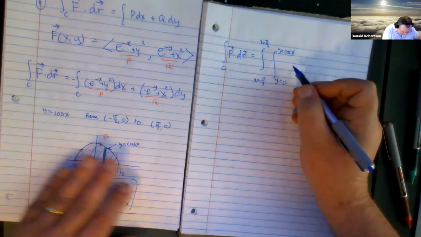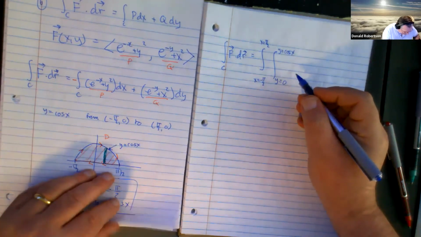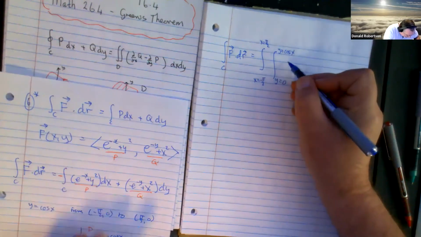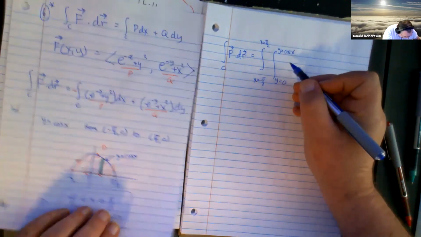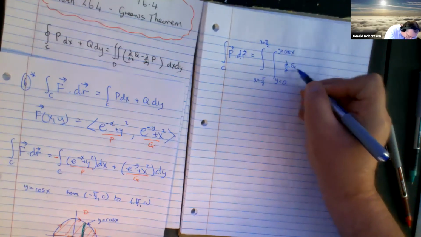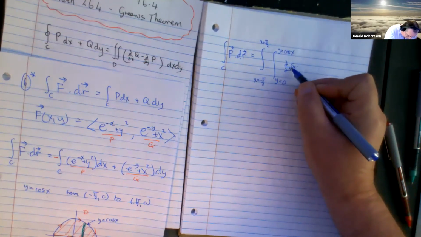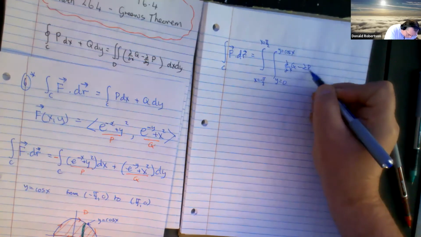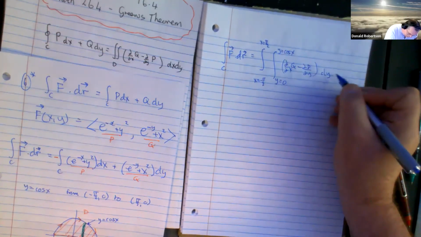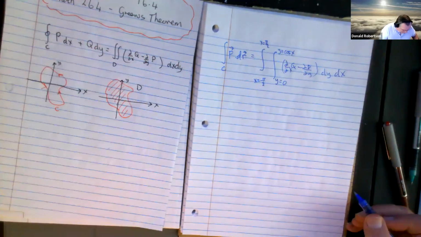In here, we are going to be doing that guy take away that guy. I'll write it down, that way I don't need to keep moving around. And in this particular case, dy dx.